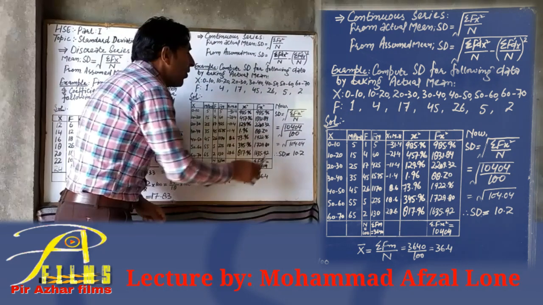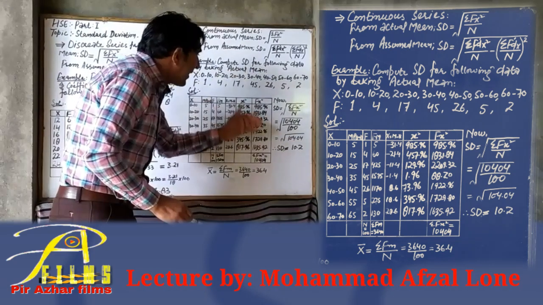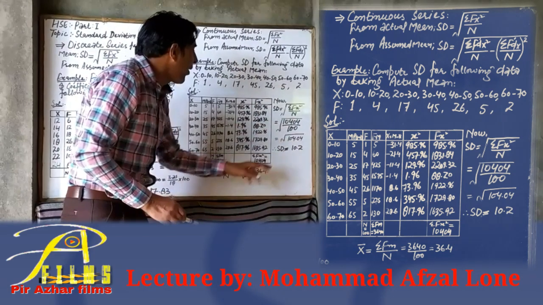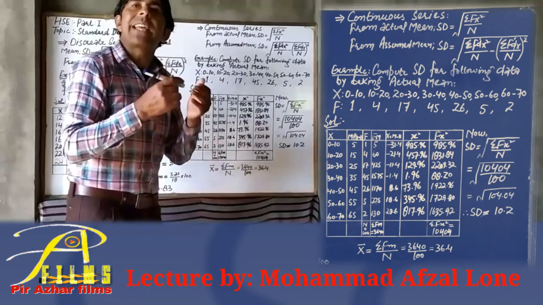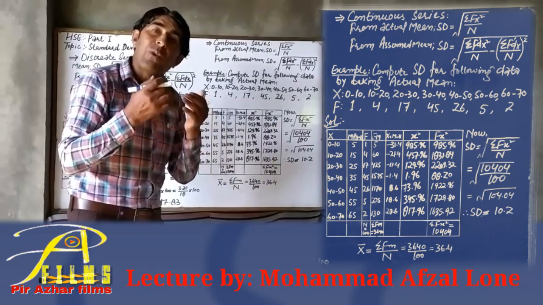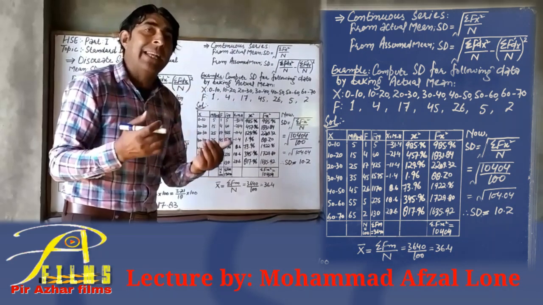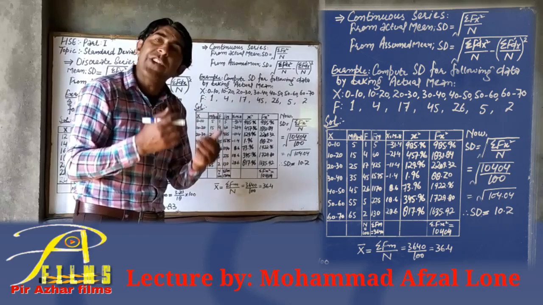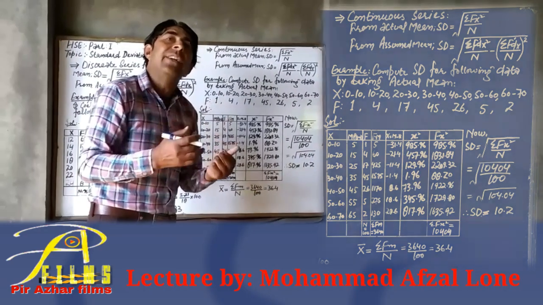That is equal to 104.04. Taking the root of 104.04, standard deviation is equal to 10.2. This is how standard deviation is calculated in continuous series by using actual mean. This is all about the calculation of the standard deviation in the discrete and the continuous series. Thank you very much.